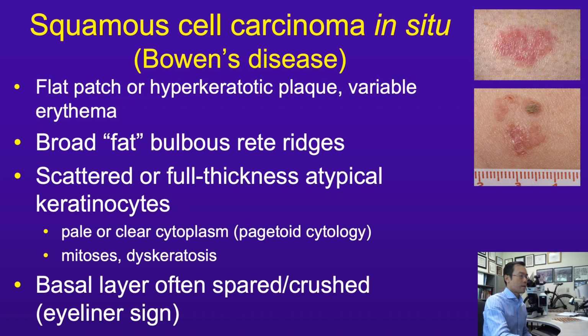And then oftentimes the tumor cells will have an abundant pale or clear cytoplasm. The term pagetoid cytology is used for that. And then often we see the opposite pattern than we do with actinic keratosis, with relative sparing of the basal layer in Bowen's disease, compared to AK, wherein the atypia is generally greatest in the basal layer or basilar epidermis.